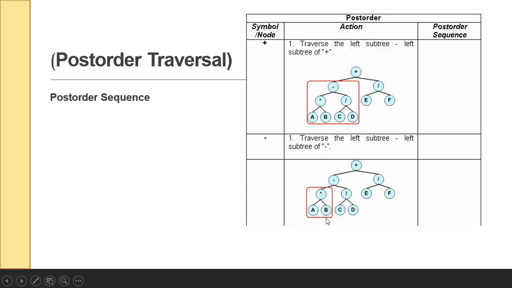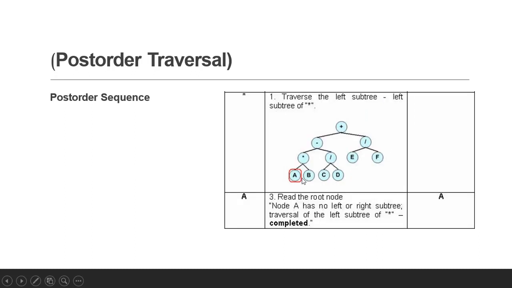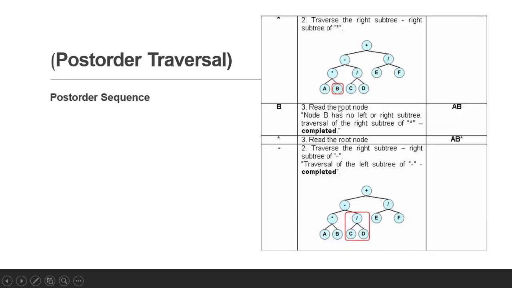visit the nodes of the left and the right subtree. Left subtree, we have A. Right subtree, this is the right node of this right subtree, so we have letter B. Then after that, we have to go back to the root, because in the post order, it is left first, then right, then go back to the root.